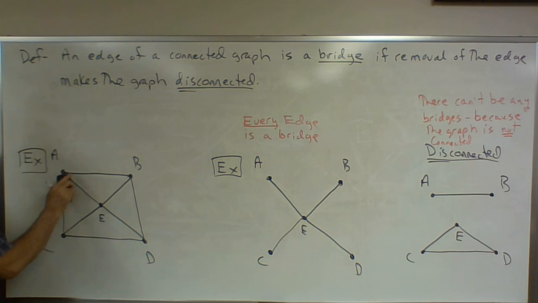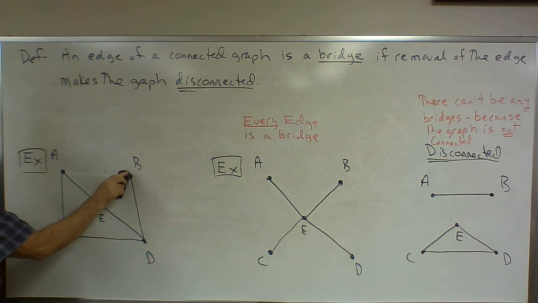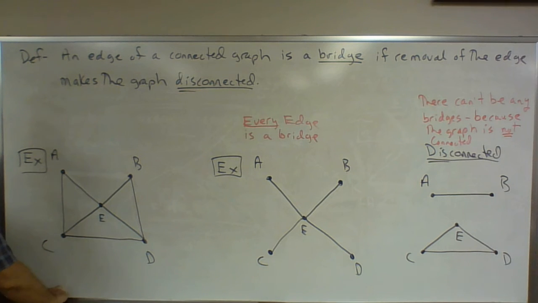What if I remove that edge? Well, A is still connected to every other vertex. I can get from A to E to B. So I can still get from A to B. I can get from A to C. I can get from A to E. I can get from A to E to D. A is still connected to every other vertex in the graph.